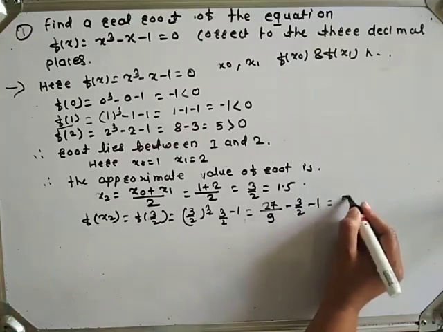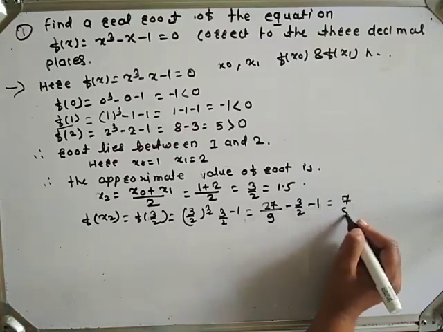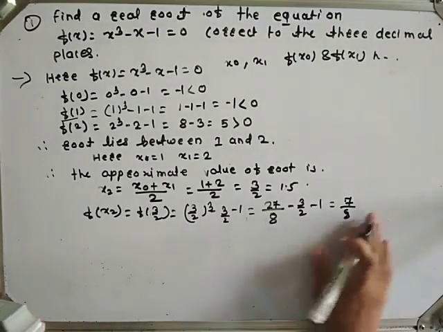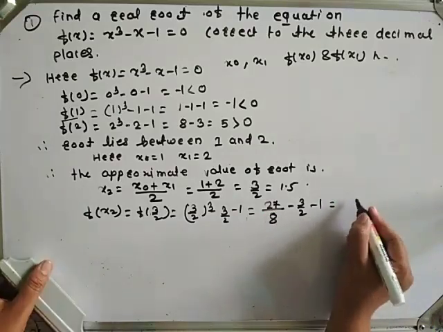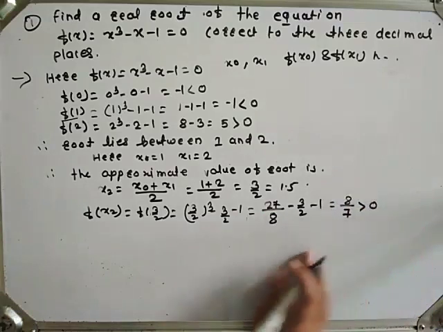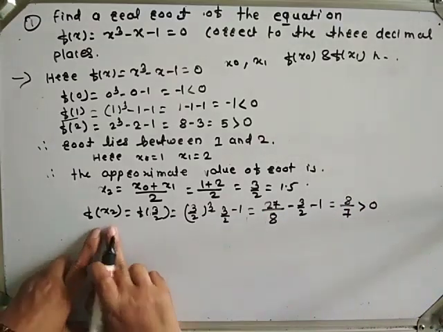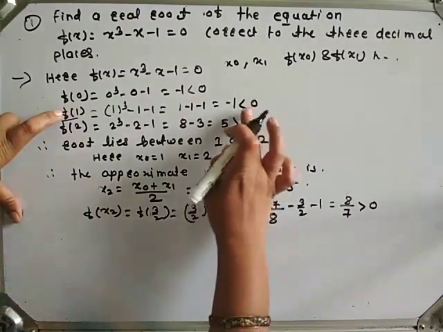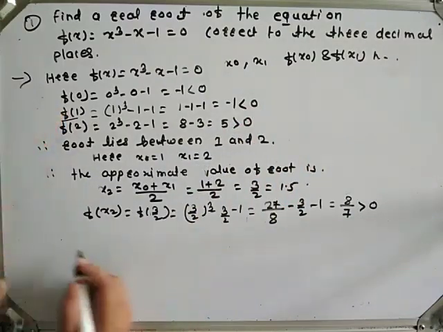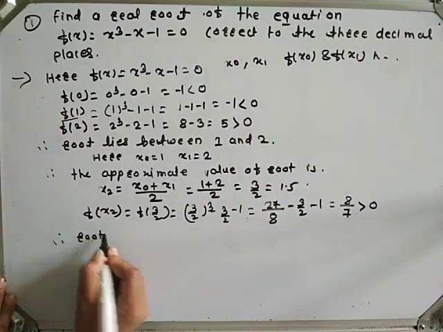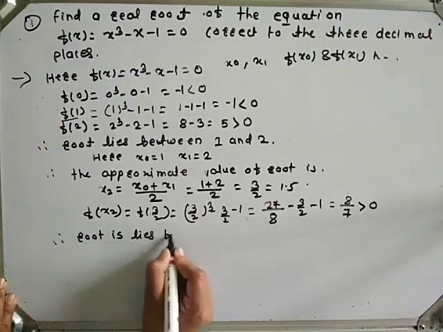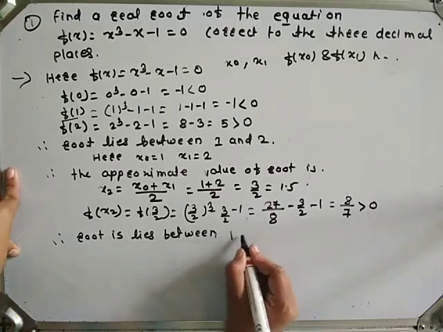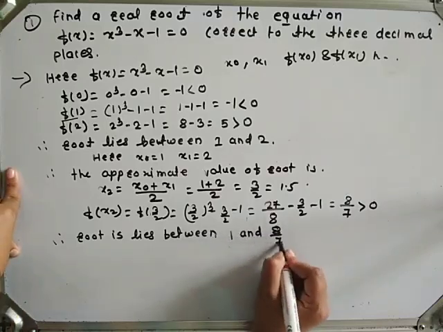After solving this we get 7 by 8, greater than 0. See here, f of x2 is greater than 0 and f of 1 is less than 0. That means the root lies between 1 and 3 by 2.